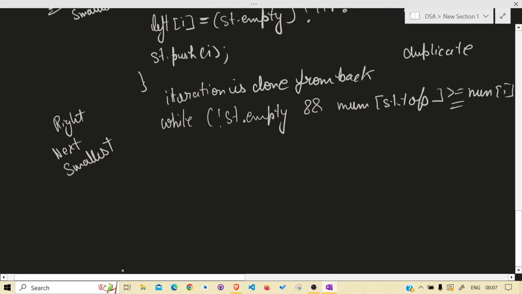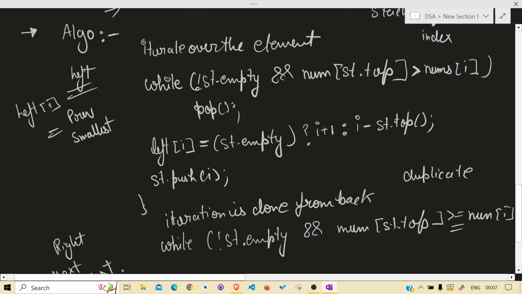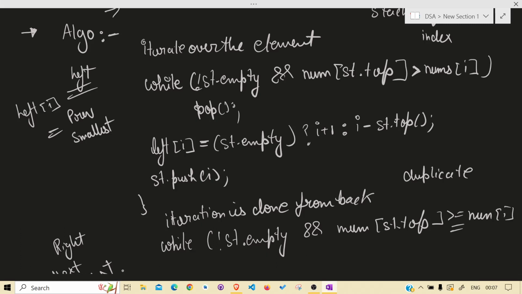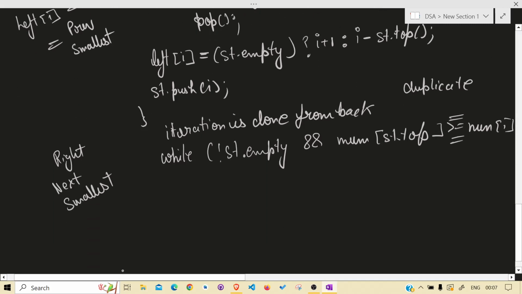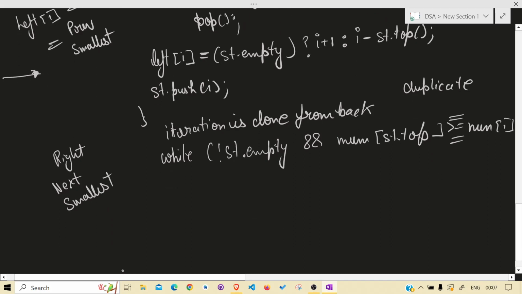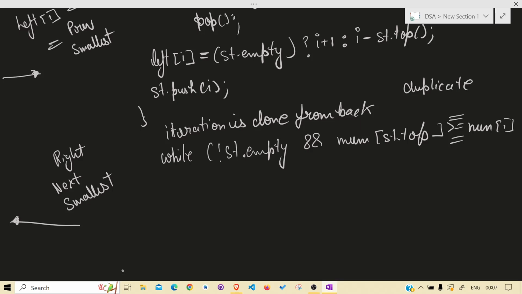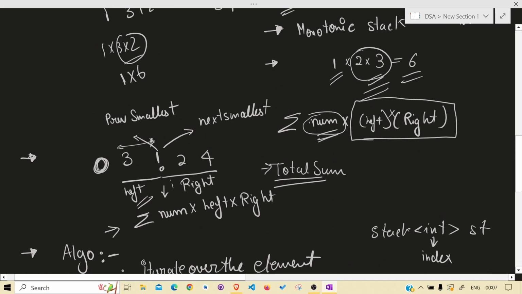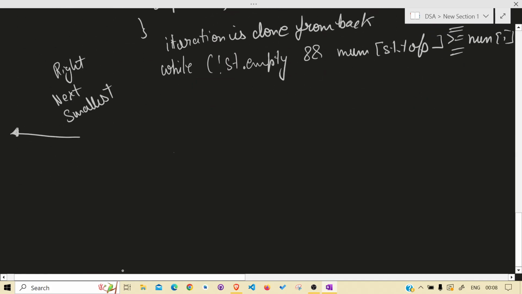Why duplicates? Why didn't we handle duplicates earlier? We can handle it over here also, but more intuitive is this. When you dry run your solution, you will see some miscalculations are done. For example, 3 1 2 3 2 4.